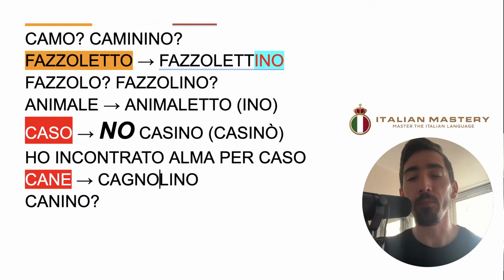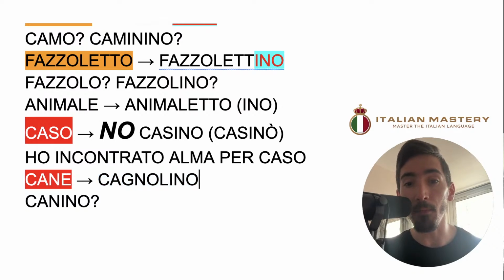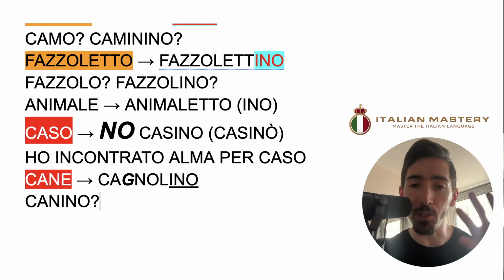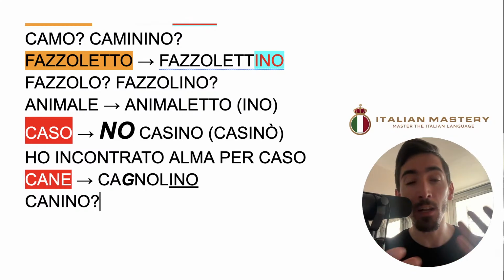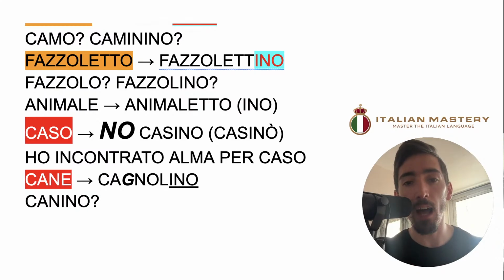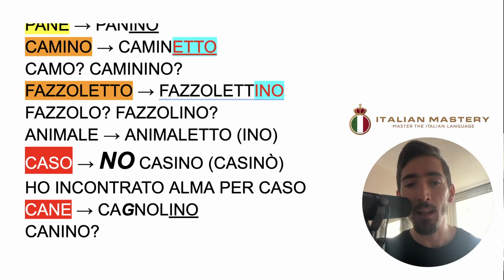So cagnolino is a way to say small dog. So we're basically using the same ending, but this time we are changing the spelling of the word itself so that we don't have a clash. We don't have a case where we have two words that have completely different meaning and the same spelling. So this is the answer for this last example.